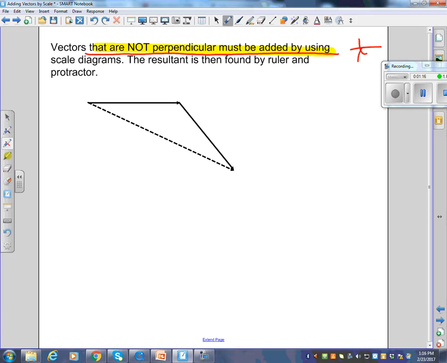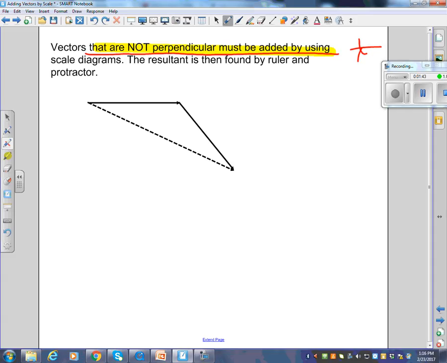If you're playing Family Feud and the question was reasons why students fail the first test, the number one reason, survey says, they do this wrong. They add vectors that are not perpendicular to each other using Pythagoras. That's way too long to put on the little ding, ding, ding board.